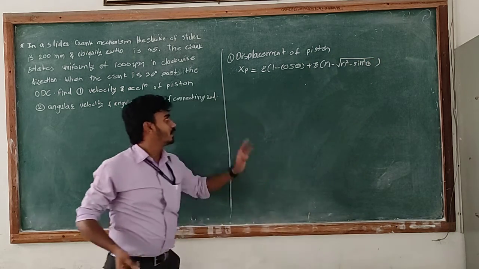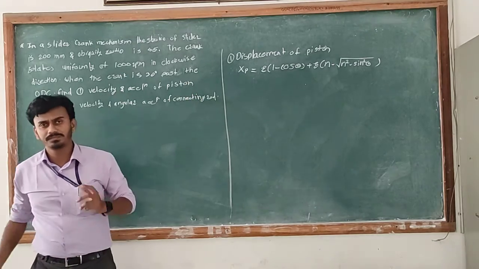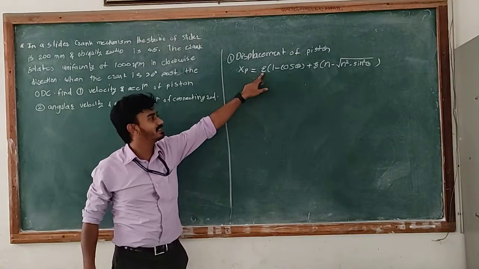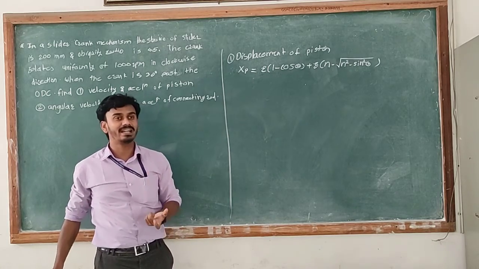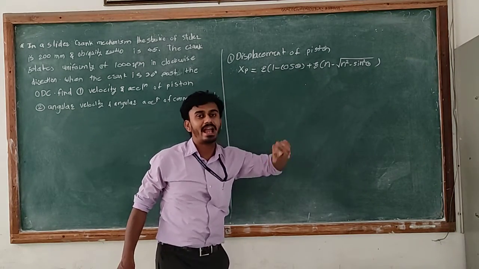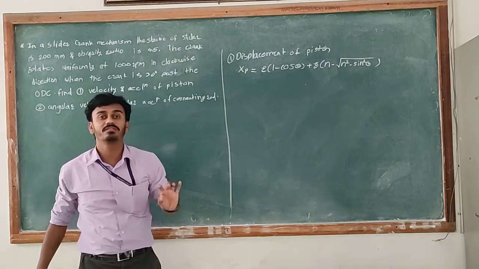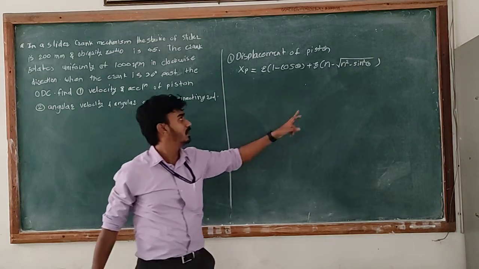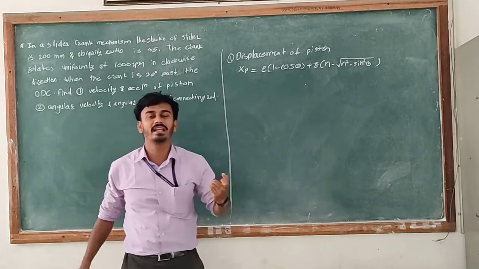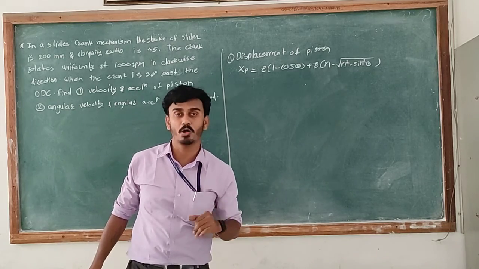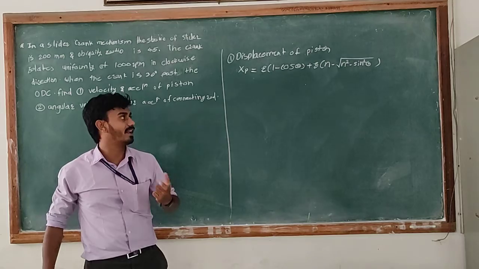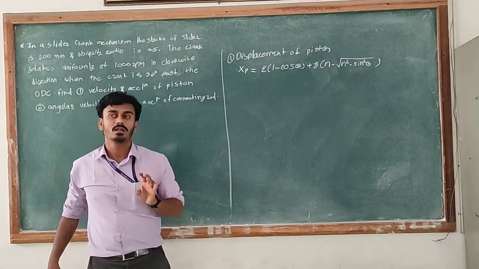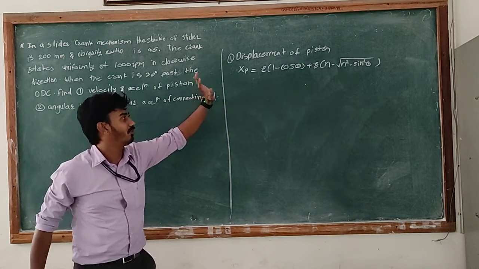This is the formula to find the displacement of the piston, where r is the crank radius, or the length of the crank. Theta is the angle made by the crank with the inner dead center. n is the obliquity ratio, n equals l upon r, where l is the length of the connecting rod and r is the length of the crank.